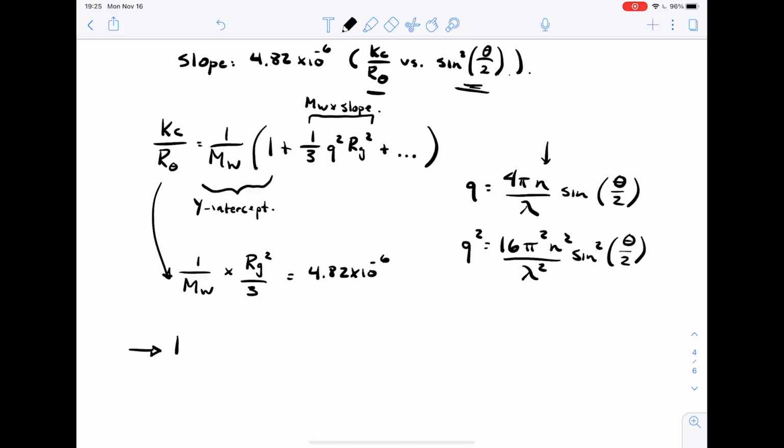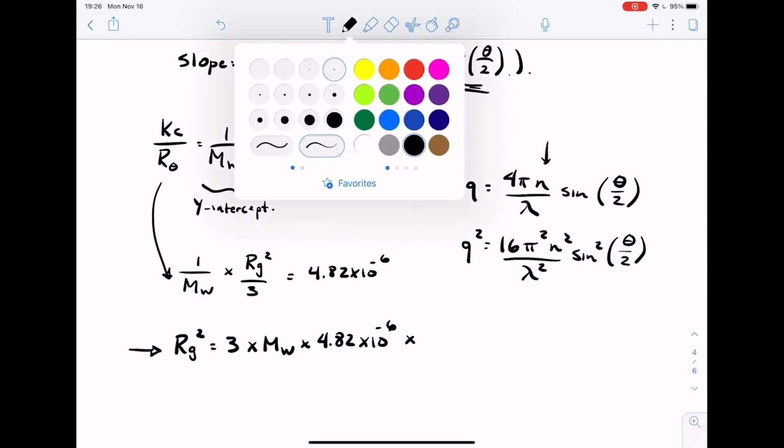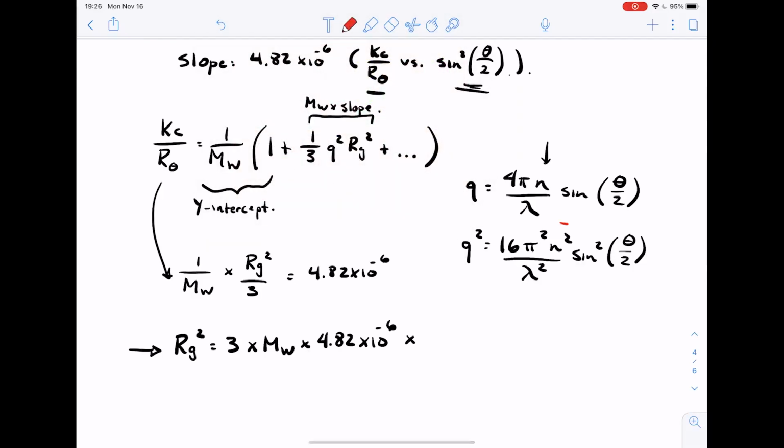So this means that Rg squared is going to be 3 times the molar mass times the slope, 4.82 times 10 to the minus 6th, and then times the stuff that we left off. The lambda squared divided by 16 pi squared, etc. So this will all be multiplied by 1 over this, right?